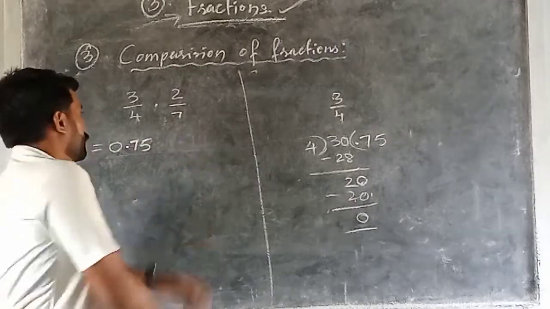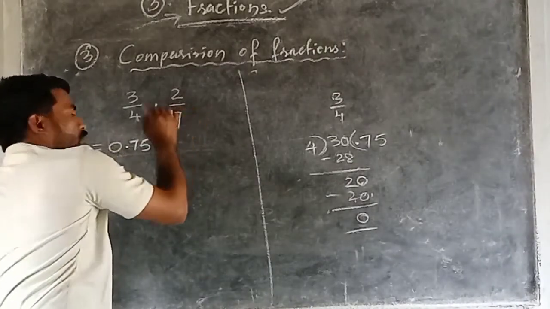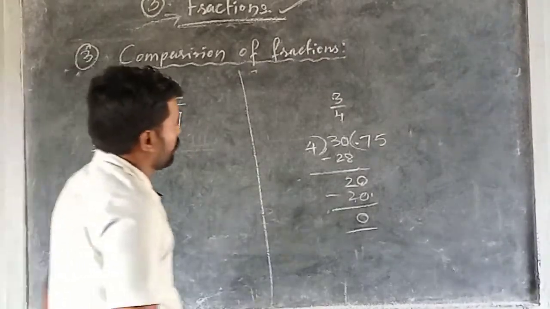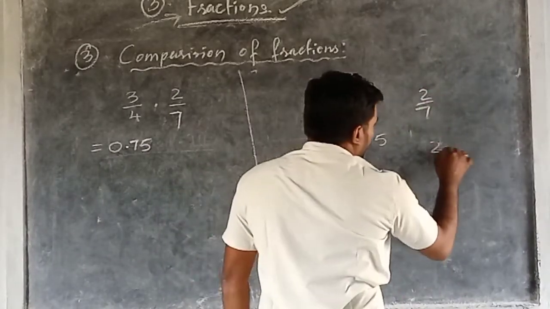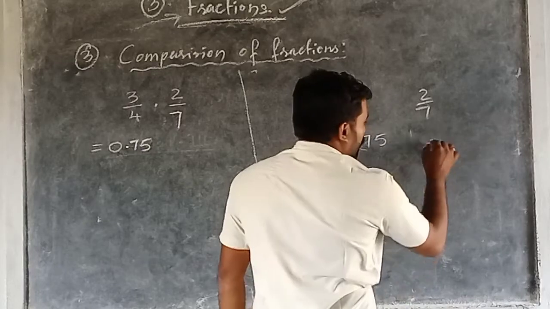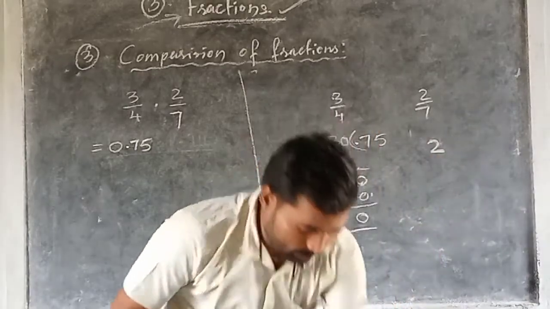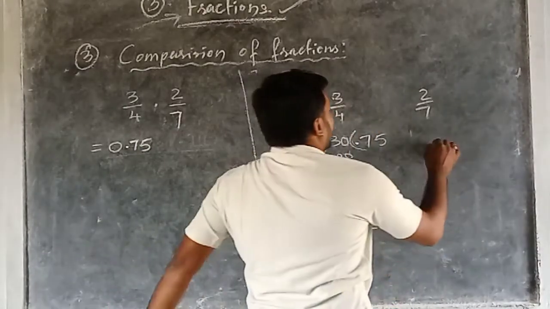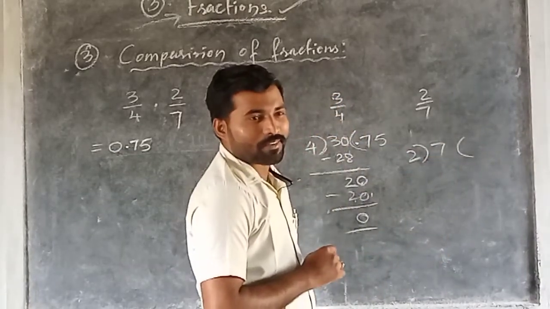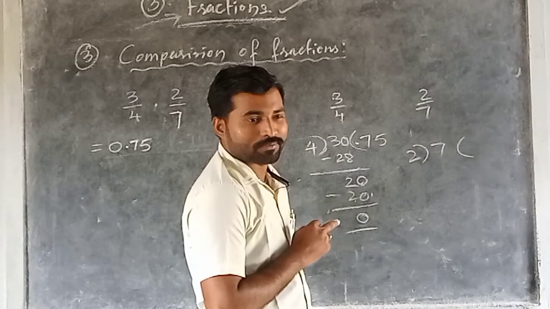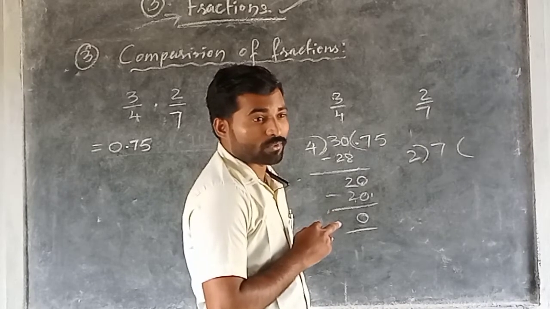Now let us do 2 by 7. Look here. 2 by 7. You should not write it like this.